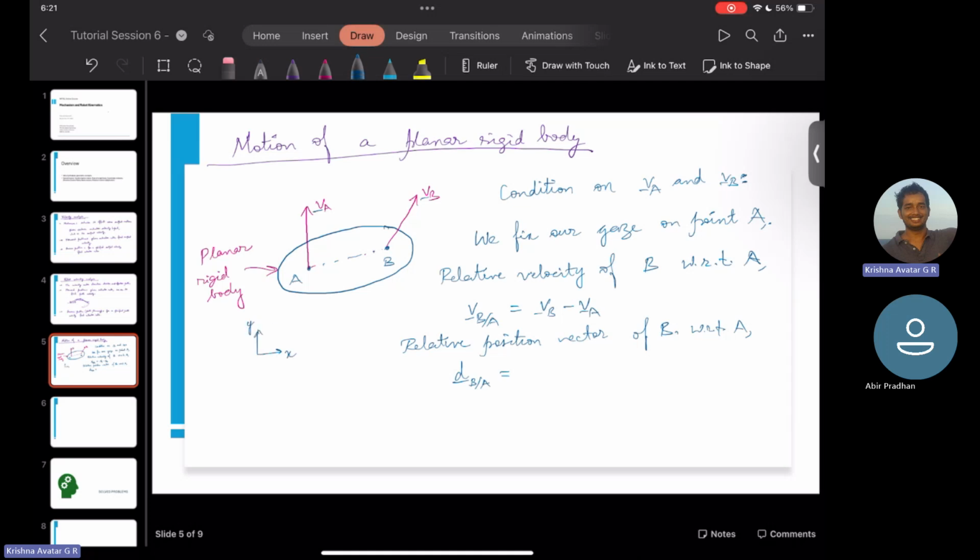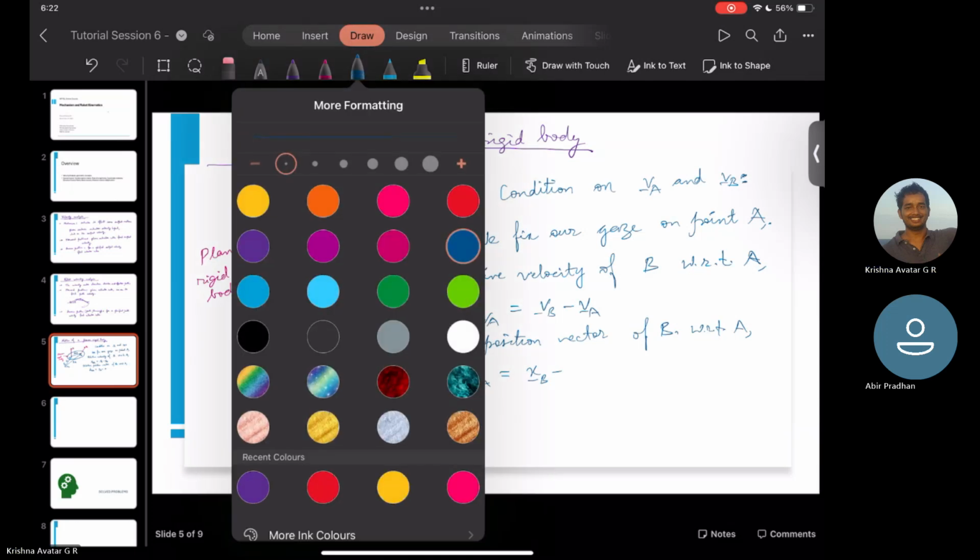And let's call this position vector X vector B and this X vector A. So this D vector, which is essentially from here to here, with the tail here and the head here, will be dB by A vector. So this is equal to X vector B minus X vector A.